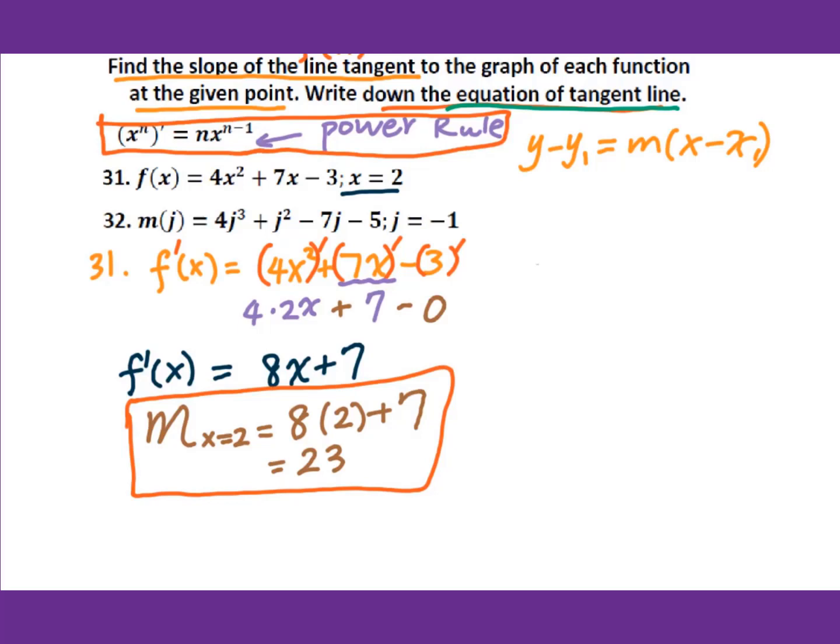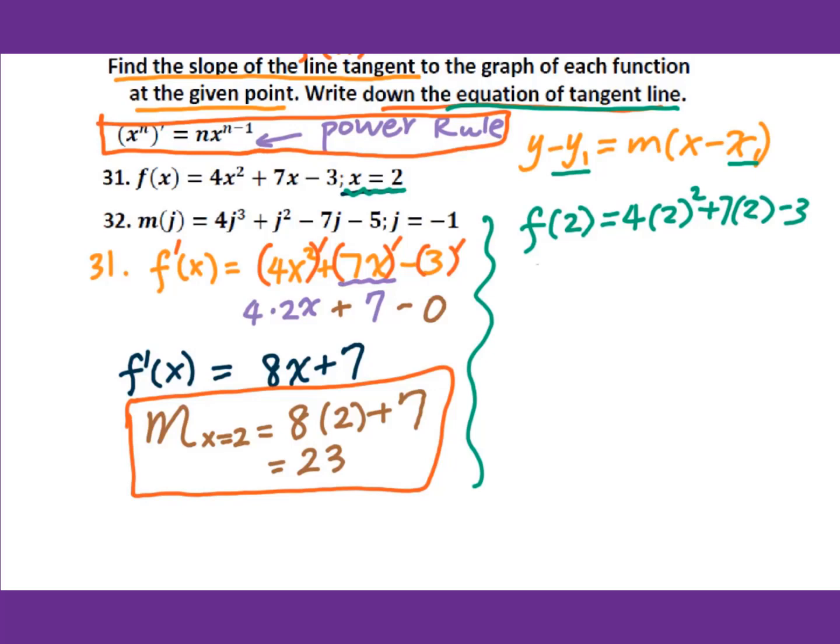Now we need to figure out the equation of the tangent line. We need to figure out that x1, y1. Since we have x equals 2, for f of 2, that is y1, we plug 2 into the original function. We get 4 times 2 squared plus 7 times 2 minus 3. Then that is 4 times 4, 16, plus 14 minus 3, that is 27.